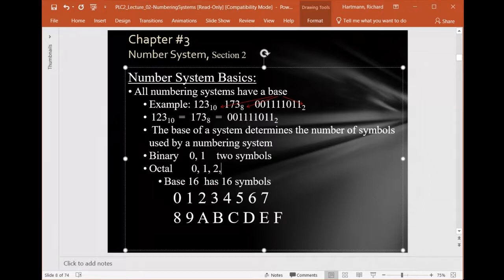So what are those symbols? 0, 1, 2, 3, 4, 5, 6, and 7. 8 is not a valid octal number. So 10 in base 8, octal, is the number 8 in decimal, or base 10.